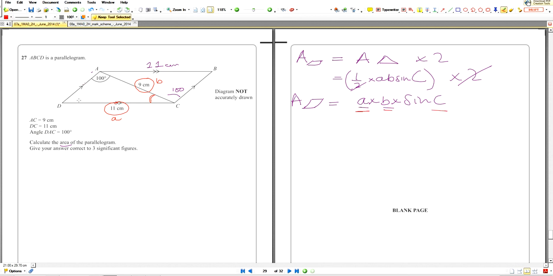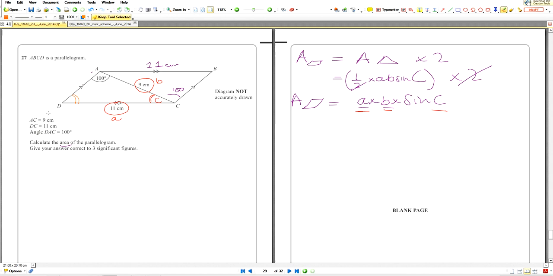So to work out the area of this triangle, we need to know the two sides on either side of the angle. We're going to work out this angle, angle C, which is here. It's a multi-part question, so first of all we work out angle D. Why?